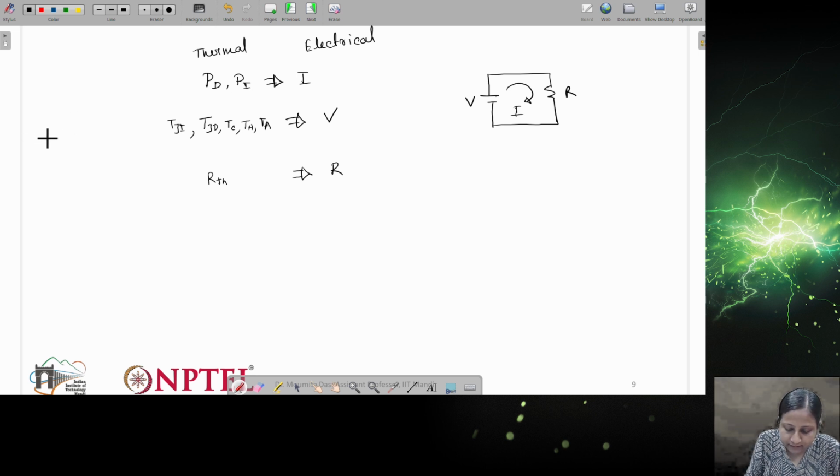So this PD, so basically TJ, I'm just drawing the equivalent diagram. Let's say this is TJ. So the temperature of any junction, or let me just write in terms of T. This T is connected to thermal resistance RTH.